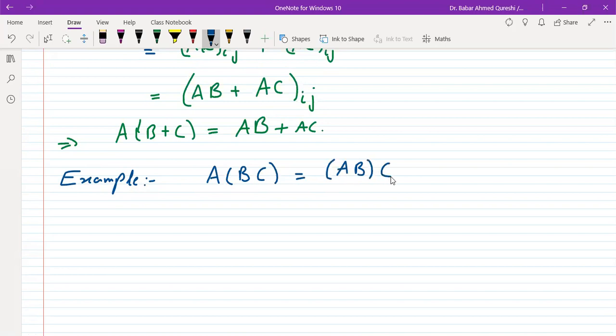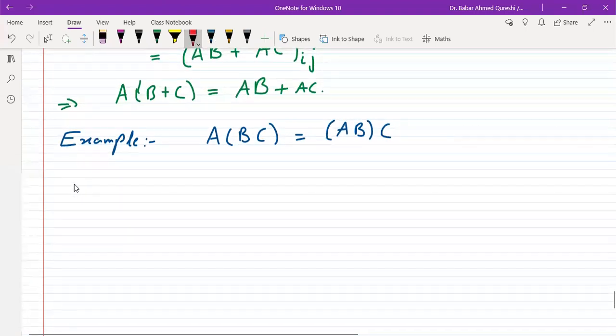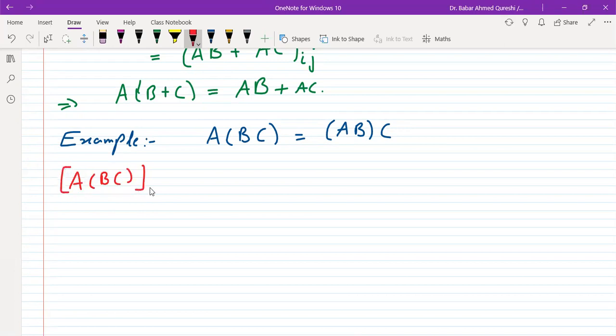If you have three matrices and you're multiplying, you can first multiply B and C over here, and whatever result you get, you can multiply it with A, or you can first multiply AB and then multiply with C. So how will you do it? So A(BC), this ith, jth component is the sum over l of A_il times (BC)_lj.